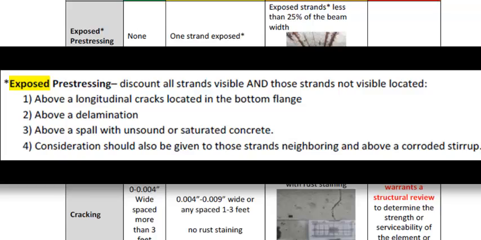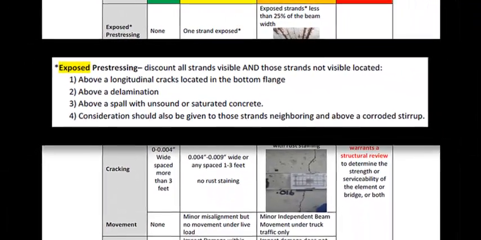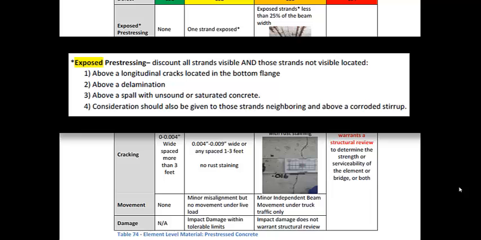So exposed pre-stressing includes those that are above a longitudinal crack, and that longitudinal crack would be located in the bottom flange of the box, above a delamination, above a spall with unsound or even saturated concrete, and consideration should also be given to strands neighboring and above a corroded stirrup. So there's 4 ways that you could say that a strand is exposed. I mean, we really mean exposure to chlorides, exposure to the corrosive process. So moving forward, that's what exposed pre-stressing means.